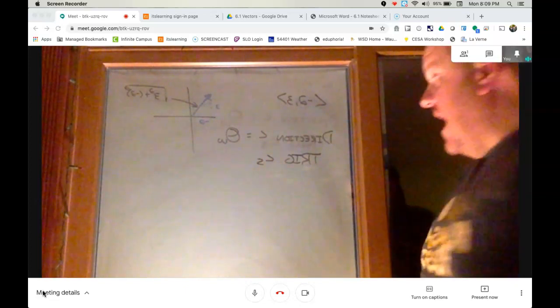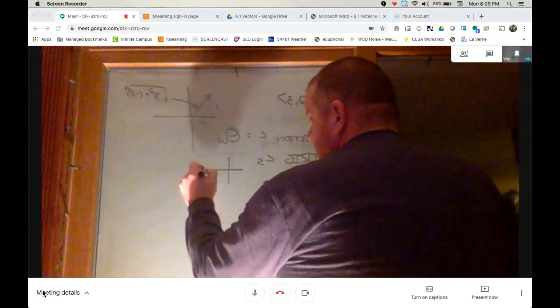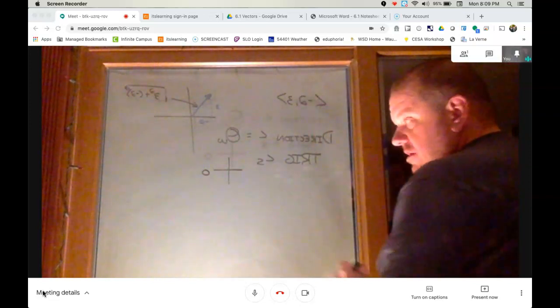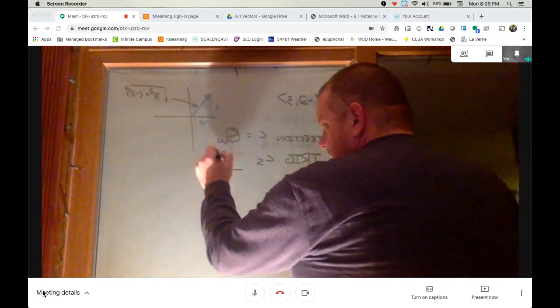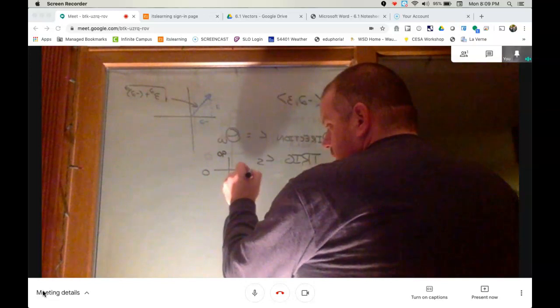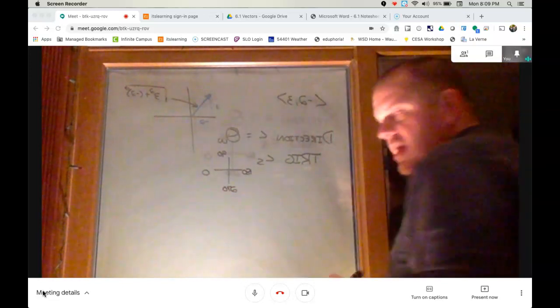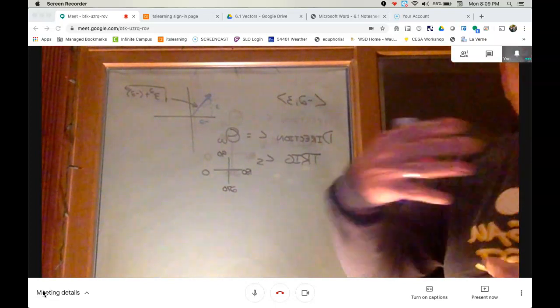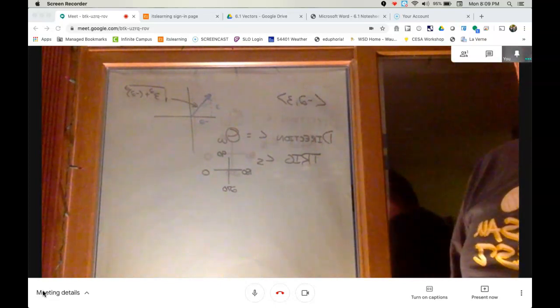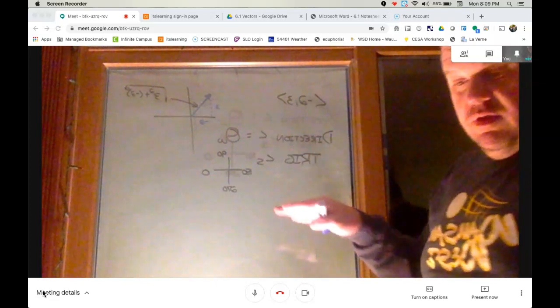So that means 0 is over here, 90 is up top, 180 is out to the left, and 270 is back down on the bottom. So we're back into that trig angle working through this.